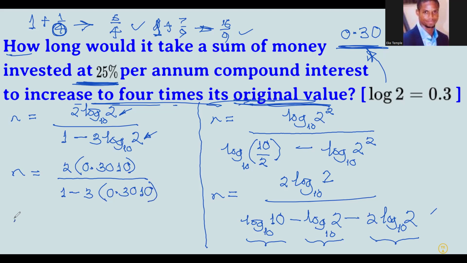And now let us multiply as appropriate. 2 multiplied by 0.3010 gives us 0.6020 divided by 1 minus the result. Expand it. 3 times 0 is 0. 3 times 1 is 3. 3 times 0 is 0. And 3 times 3 is 9. And we have the decimal point is 0.9030 to be subtracted from 1, of course.